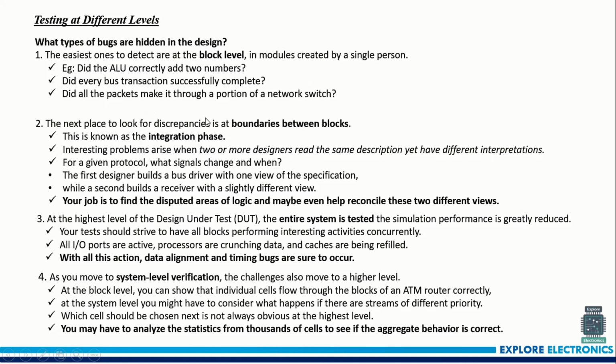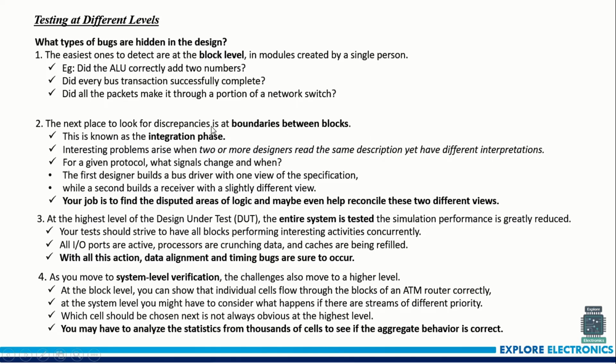The next level is beyond the boundaries of each block. It means we have integrated this ALU with the bus and also the network switch, so we need to verify across the boundaries also. We need to verify the boundary between the blocks. Here some interesting problems may arise, like 2 or more designers reading the same description with different interpretations, and the output of the ALU may be connected in a different fashion to the bus transaction unit or the network switch, if these are designed by different persons.